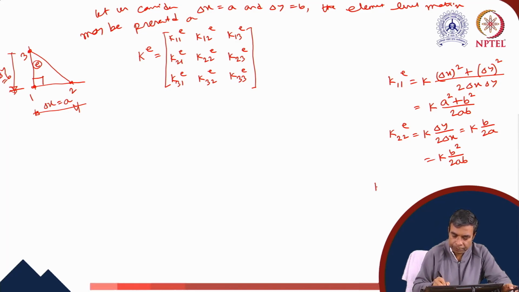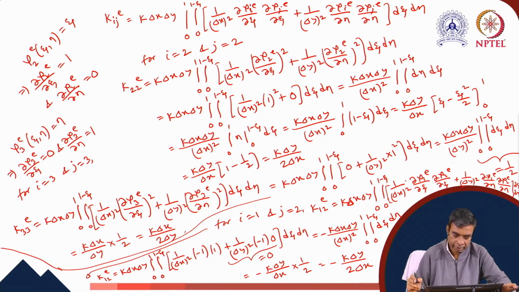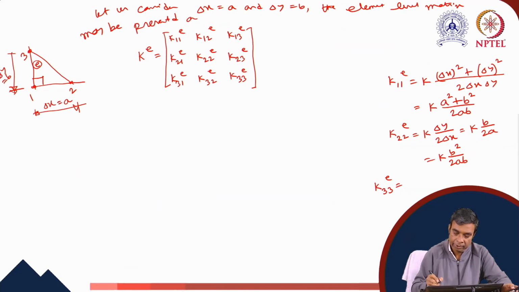Similarly, we calculated k33e. k33e was found as k delta x by 2 delta y. Putting delta x equals a and delta y equals b, we get k into a by 2b. So multiply with a at the numerator and denominator, we get k a square by 2ab.